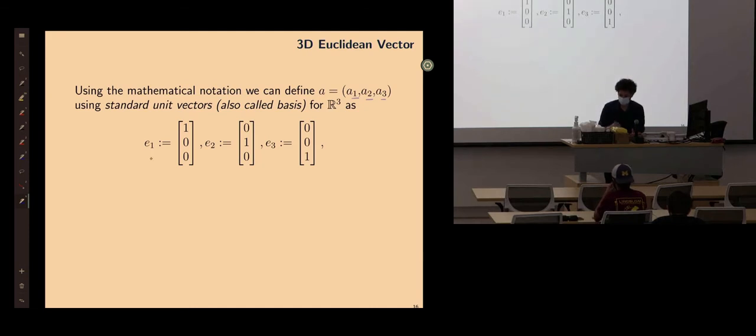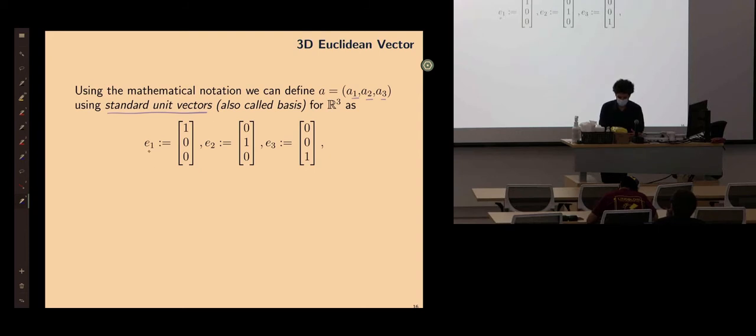Now, following that notation, we make our unit vectors also standard. Let's call them the standard unit vectors, also called the basis. We will cover in future concretely what a basis is, but the name for it is basis, and you can call it unit vectors.